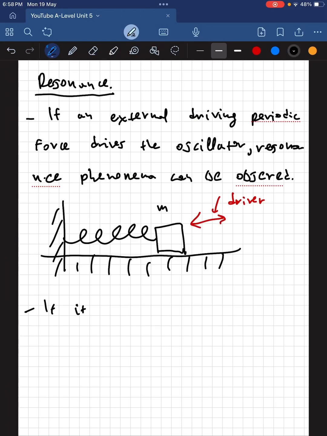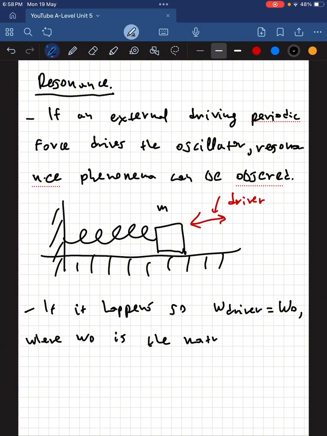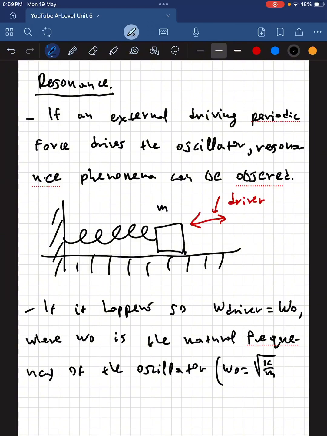Now, if it happens that the angular frequency of the driving force is equal to omega naught, where omega naught is what is called the natural frequency of the oscillator, which is, for example, the square root of k over m for a spring, and omega naught is the square root of g over the length of a pendulum, okay?